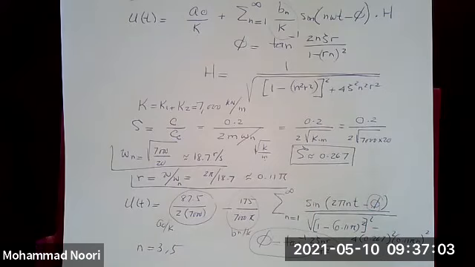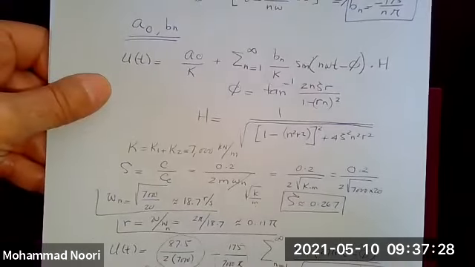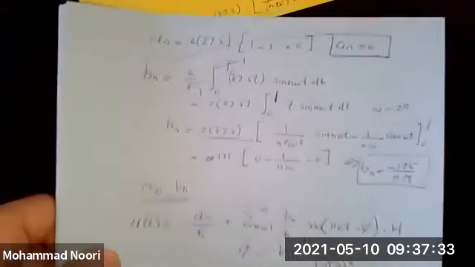Okay, any questions? Yeah. Wouldn't the bn that we had solved for earlier have a 2 pi in the denominator and not just pi? Bn was negative 175 over n pi, right? Well, originally it was omega, right? And I thought omega was 2 pi. Right here, you mean?